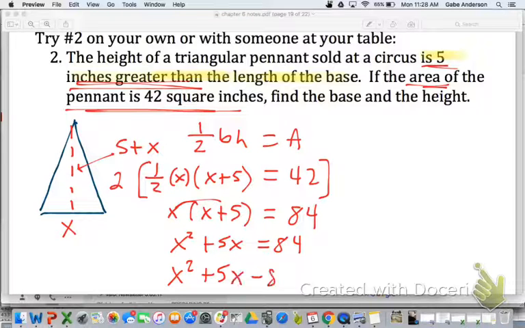Why don't we multiply the 5 by 2? Because we multiplied everything else by 2. Yeah, so x and the x plus 5. If I were to multiply that 2 through, here's what it would look like. It would be 2 times 1/2 times x plus 5 equals 84, right?